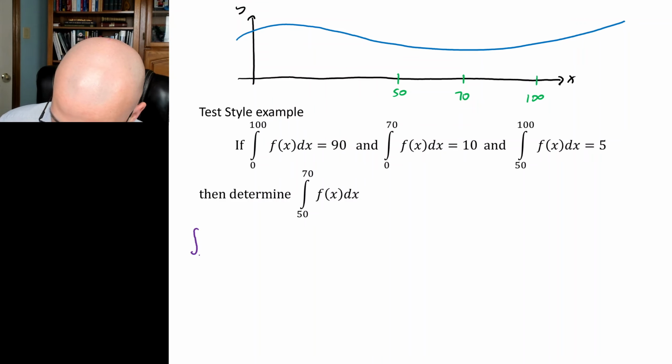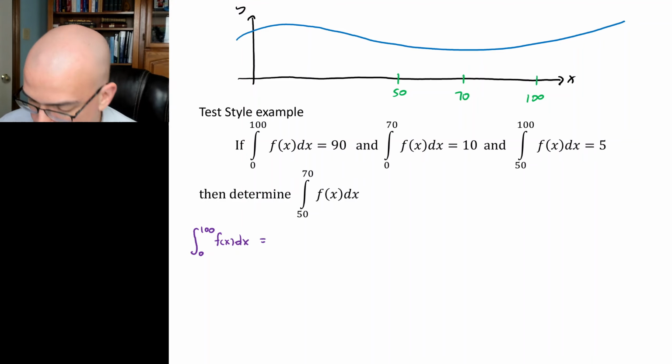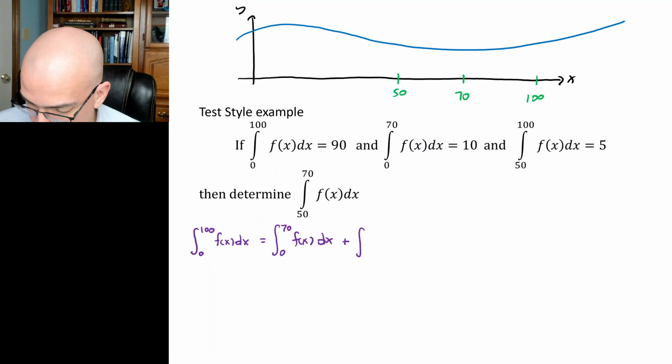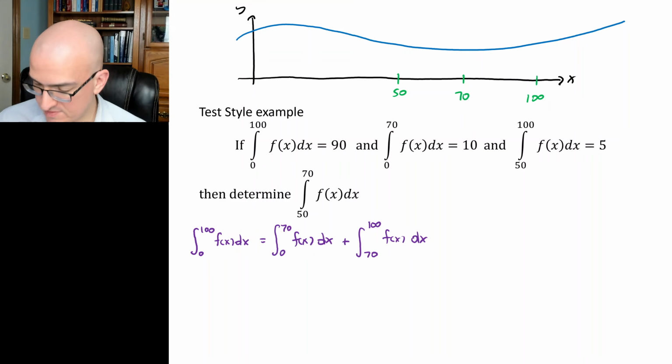So the integral from 0 to 100 of f of x dx is equal to, I can go from 0 to 70 plus the integral from 70 to 100 of f of x dx.